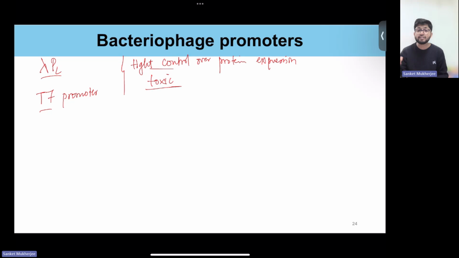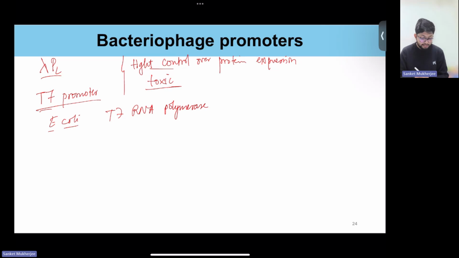But since there are many cells to begin with, we will get a higher yield of protein. In case of the T7 promoter, for example, the E. coli strain in which you transform this will have the T7 RNA polymerase gene. So it's again an engineered E. coli strain.